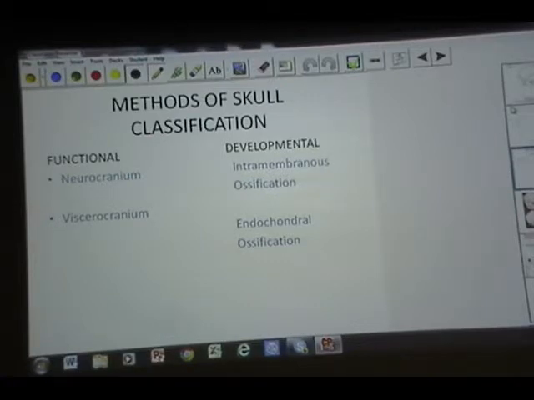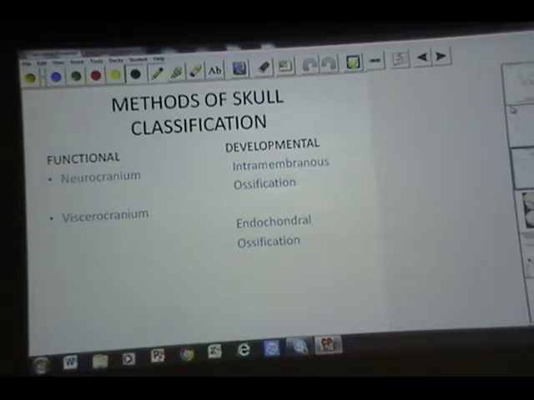What happens in endochondral bone formation, or the formation of what we would call cartilaginous bone, is that a mesenchymal membrane first develops into chondroblasts. The chondroblasts become chondrocytes, and they lay down cartilage. Then the chondrocytes are replaced by a type of cell referred to as a chondroclast, which removes the cartilage.